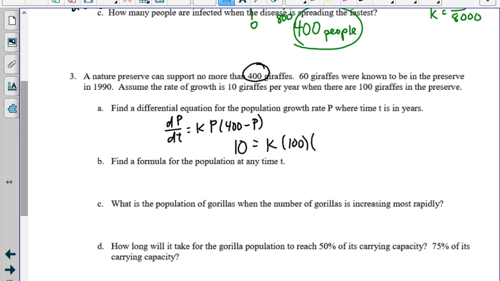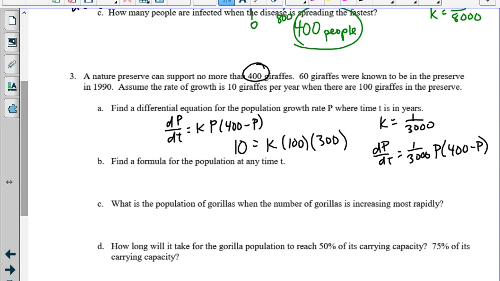P is 100, and 400 minus P is 300. When I solve, I end up with k equals 10 over 30,000, which is 1 over 3,000. So my dP/dt is 1 over 3,000 times P times (400 minus P).